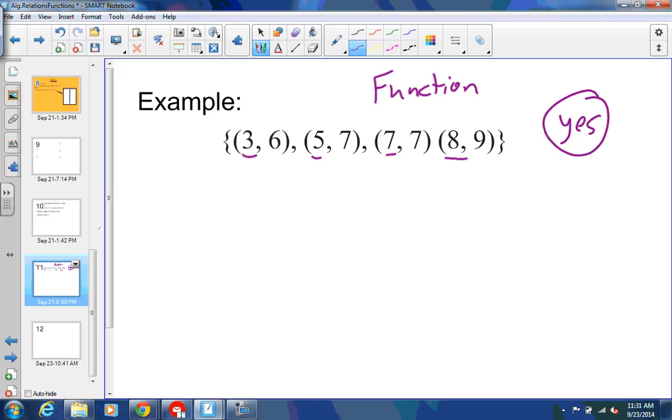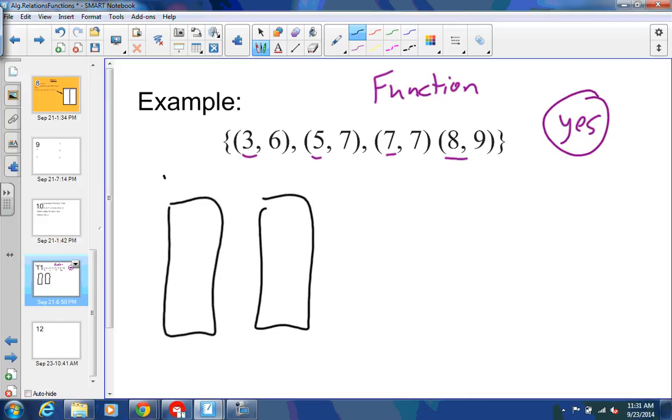If it makes it easier for you, you could visualize the mapping. This as the domain, this as the range, and just list those values. So the domain values would be all the x values. We have 3, 5, 7, 8. The range values would be all the y values here.